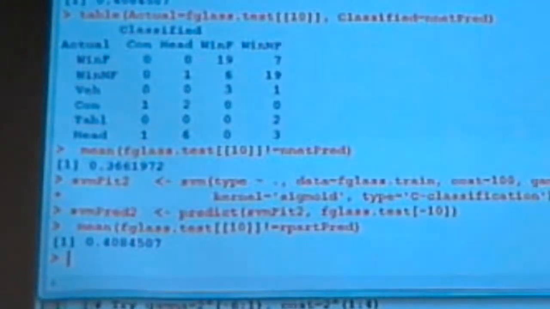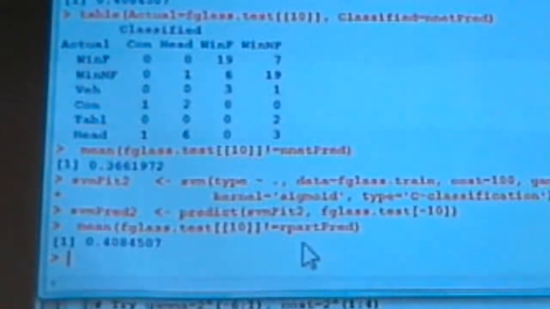Now let's try another kernel and see what this turns out, based on the C classification problem. Bad, right? This is really bad. So sigma actually, in this parameter set, is not really good.